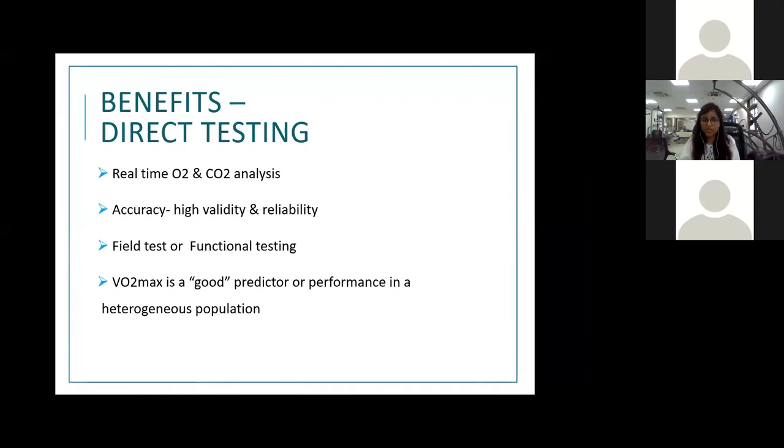It is very accurate and has high validity, I think 99 point some digits validity and reliability. It could be used on the field. Not all VO2 max testing devices have this facility, but our device has field test monitoring. VO2 max is the best predictor of performance in heterogeneous, different populations. You could do the same test and compare the results.